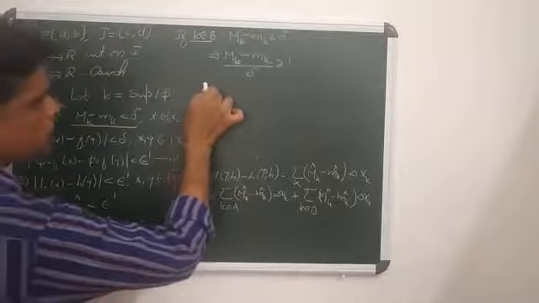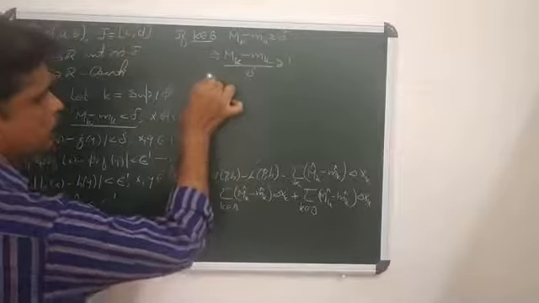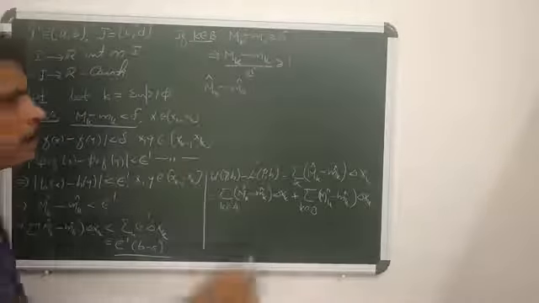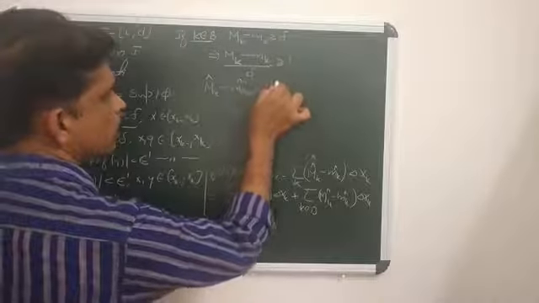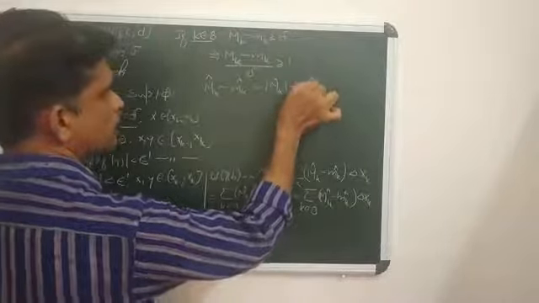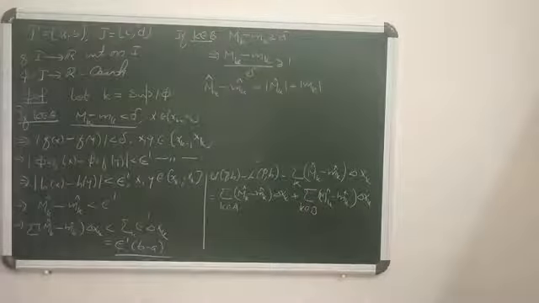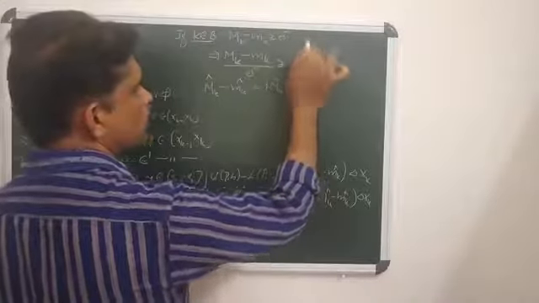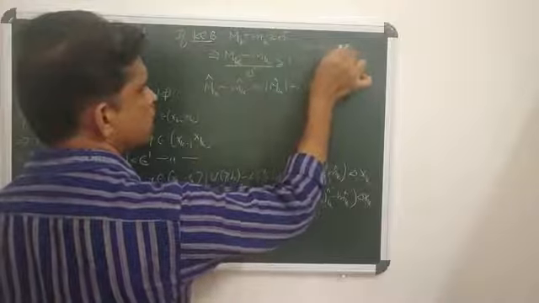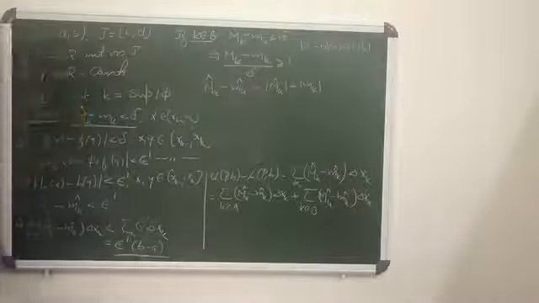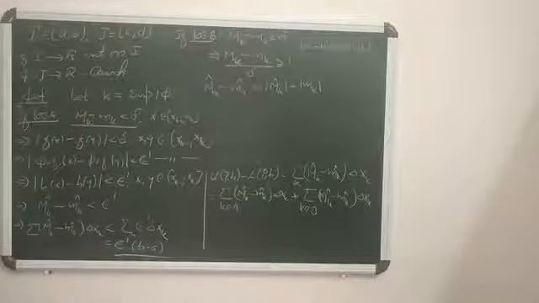Also we know that M_k cap minus small m_k cap is less than or equal to modulus of M_k cap plus modulus of m_k cap. Modulus of a minus b, we know this result: modulus of a minus b is less than or equal to mod a plus mod b.